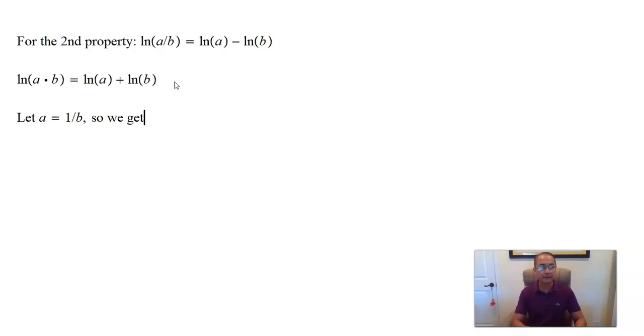So we will replace a with 1 over b in that formula. So a is now 1 over b. But wait a minute, 1 over b times b is just 1, so I will put that on the other side.